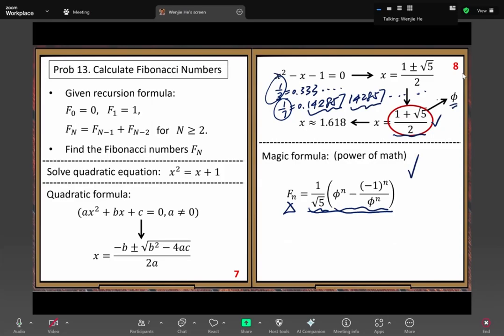To show it is correct, we have two basic ways. The first way: because the formula is given, someone gives it to us, so we can take an easier way.